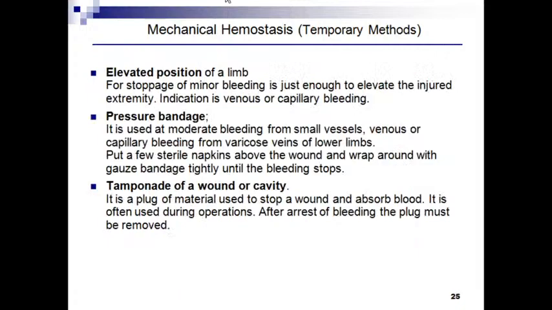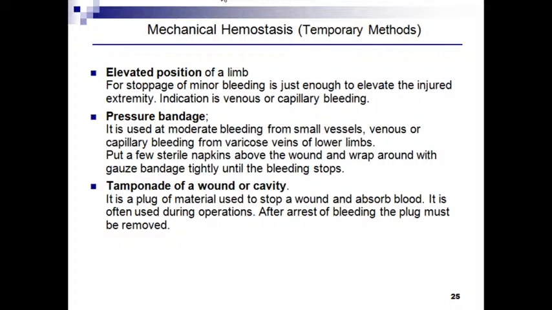Elevated position of limb. It means elevation of the injured extremity to an upper position. The method is effective for stoppage of minor bleeding. It's just enough to elevate the injured extremity.